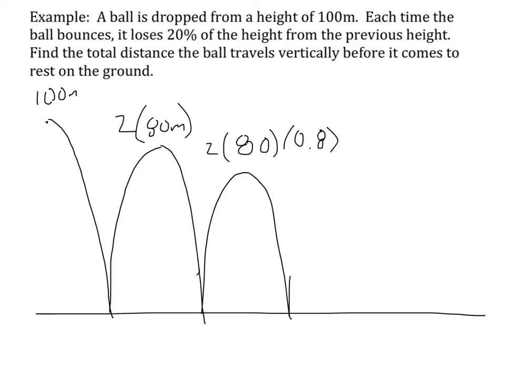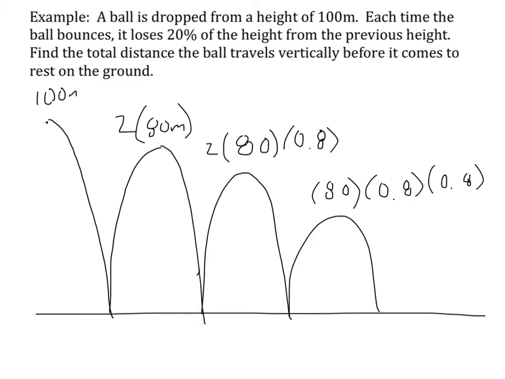We could even talk about the next bounce. On this one, it will be whatever this height was, but only 80% of that. So there was 80, and on the previous one it only went 80% of that, and on this one it's only going to go 80% of that, and because we're going both up and down, we'll have 2 of that as well.